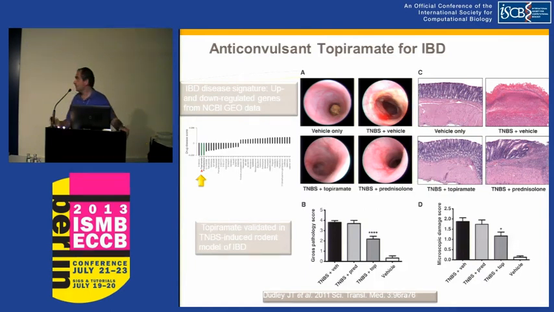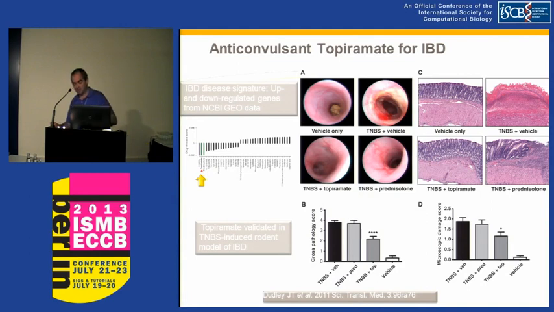In a rodent model of IBD, a mouse model, they showed that using topiramate you can treat these mice quite well, and you can see the differences here. So they had at least some validation in a preclinical model, which is quite encouraging.